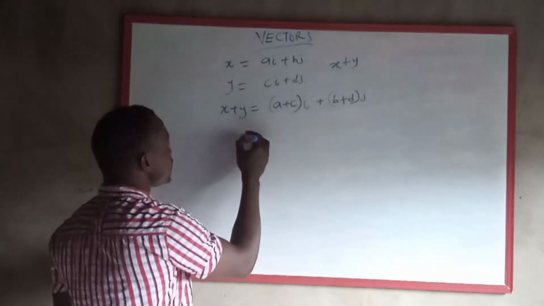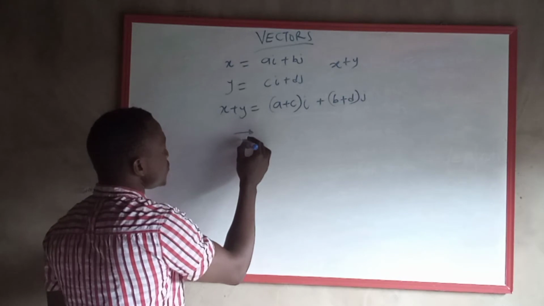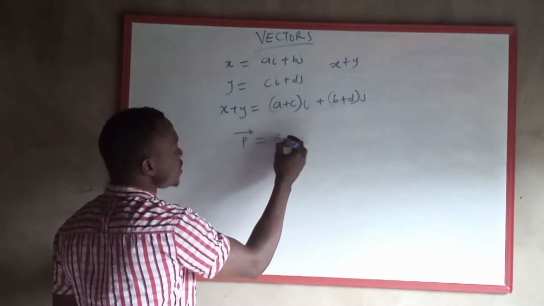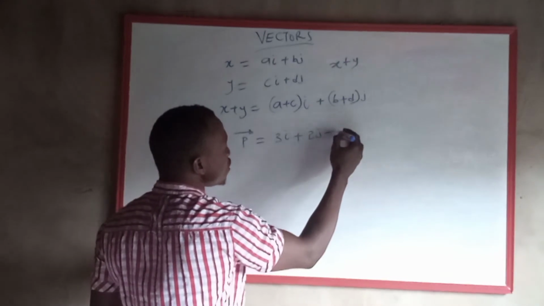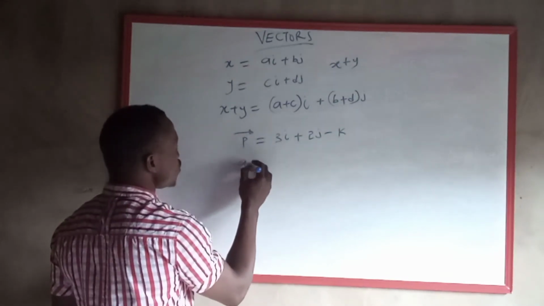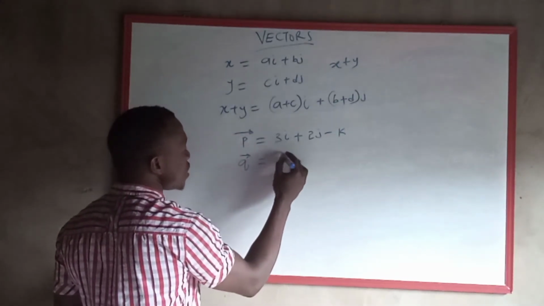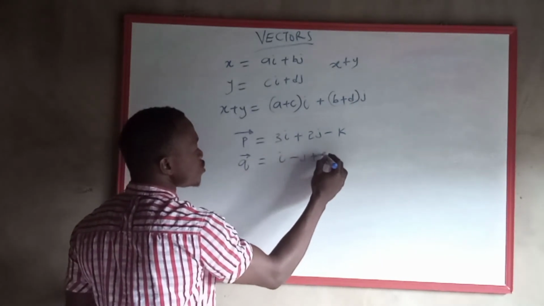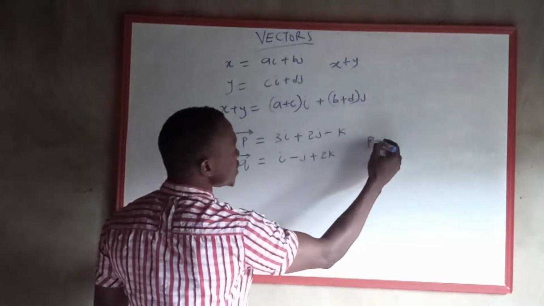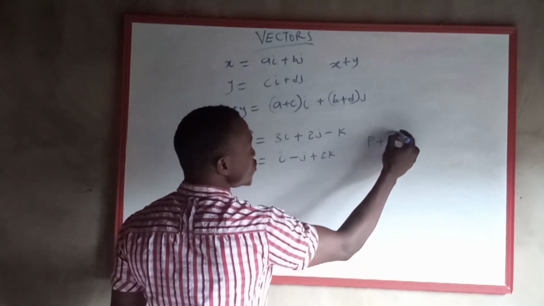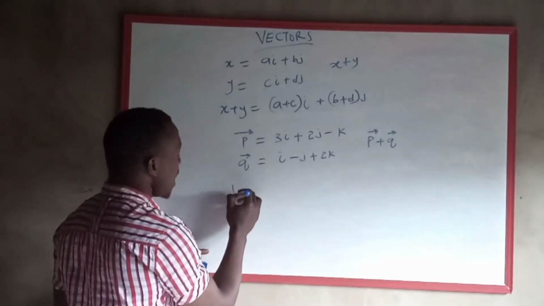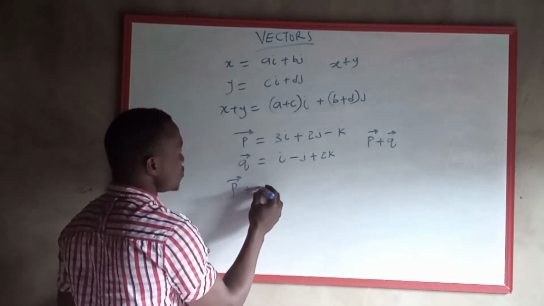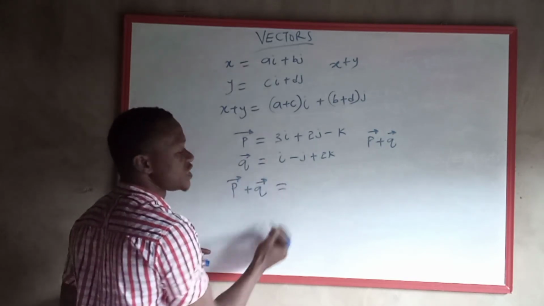So for instance, we have vector p equal to 3i plus 2j minus k, and vector q equal to i minus j plus 2k, and we're asked to find vector p plus vector q. It means we have to add the same quantities in the same direction.